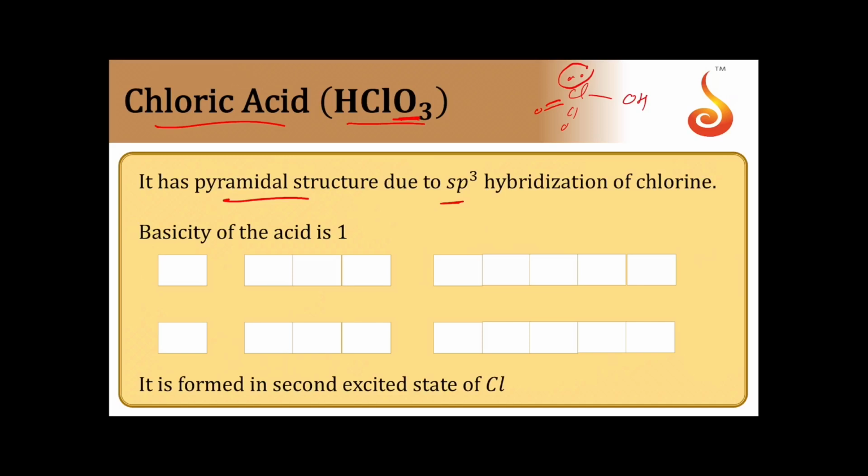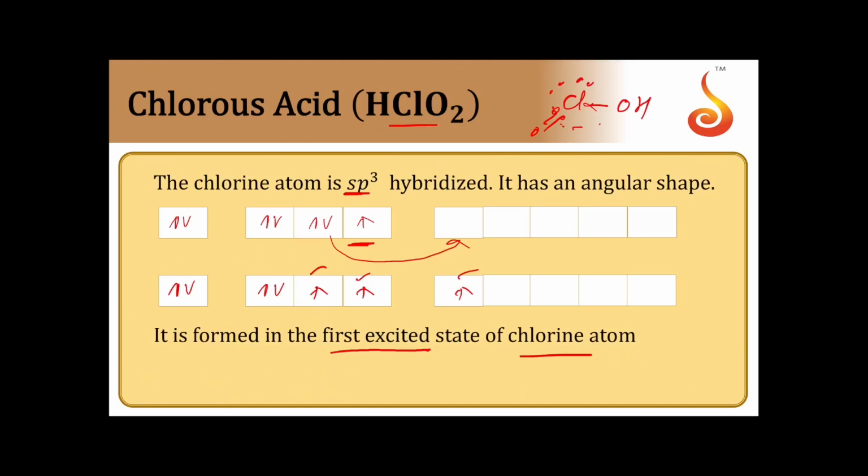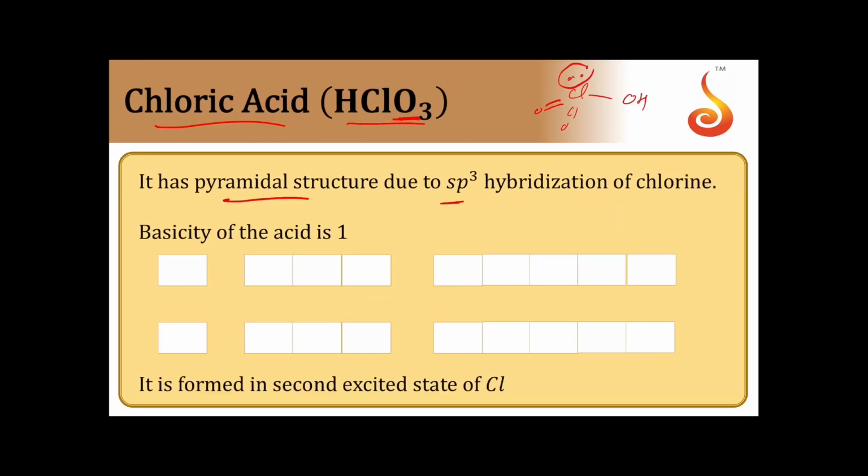Let us see in which state it forms. Previously we have seen that in the first excited state we have three unpaired electrons. Here it forms altogether 5 bonds, so we require two more electrons, which means one more electron gets excited.